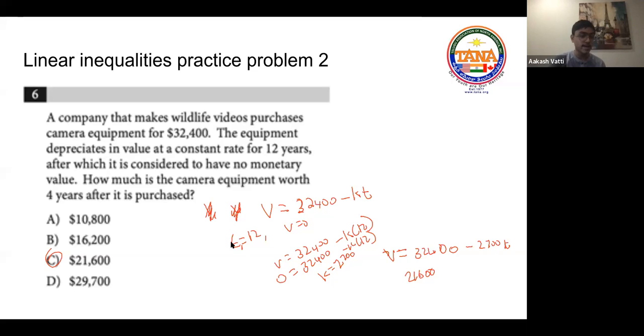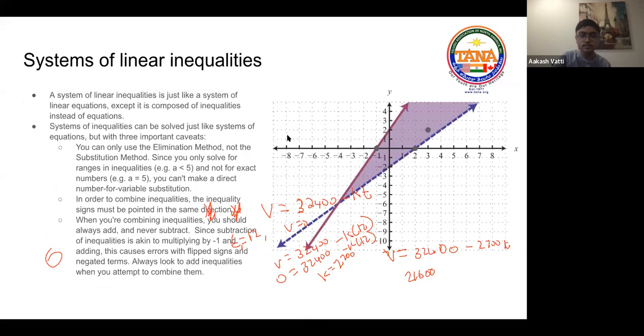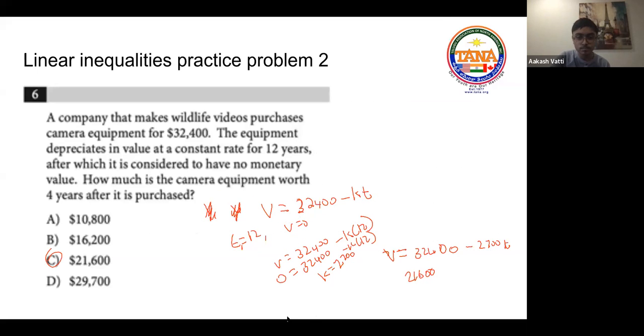Then you know at t equals 12, your value is 0 because it says right here that at 12 years it'll have no monetary value. Therefore, you could set t equals 12 and V equals 0 as the problem states, and you just do the math and you get k equals 2,700, and then from there you just plug in.